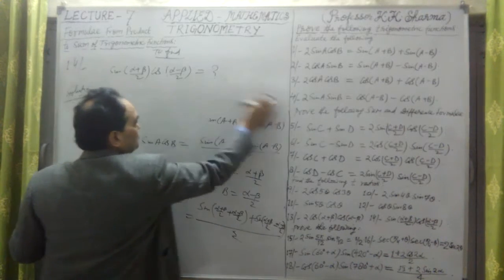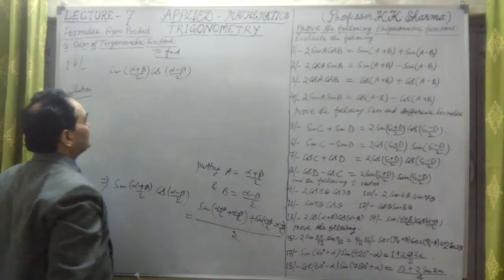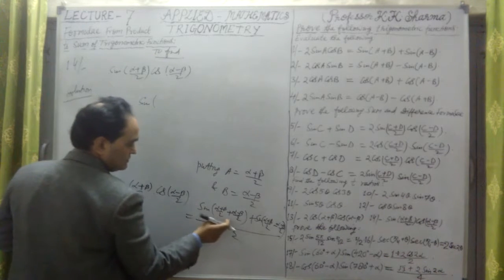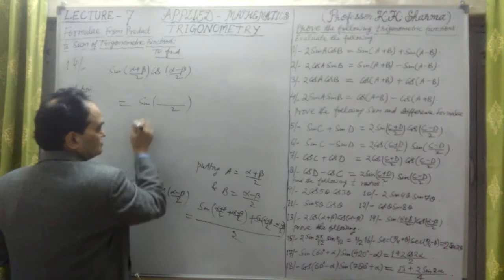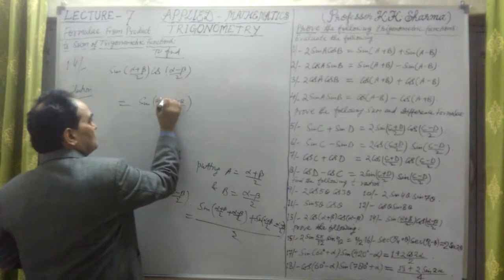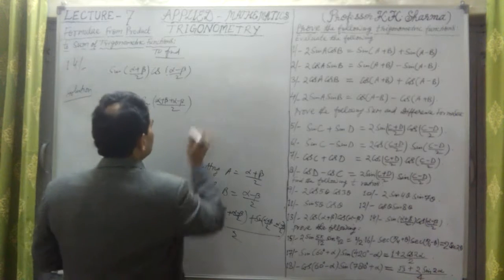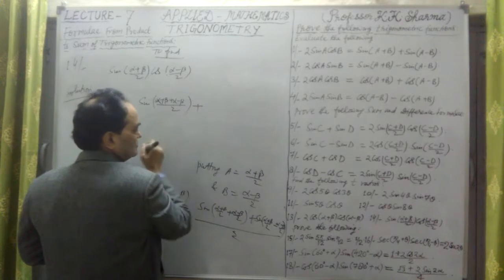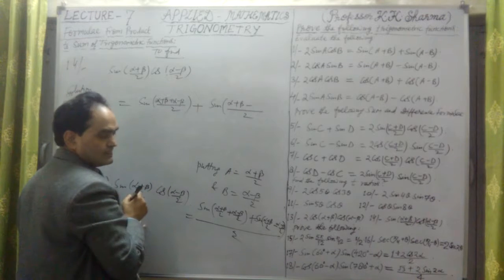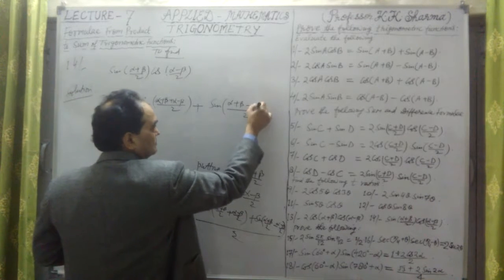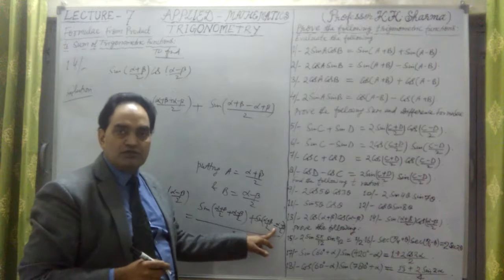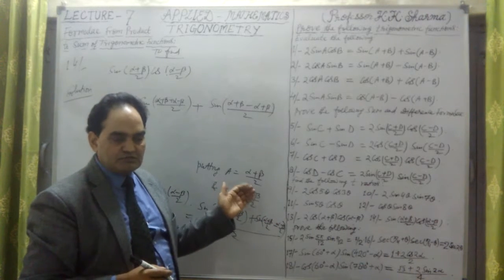So here the value will be, let me write here, this will be equal to sine of, if I take 2 as LCM, the first one will be alpha plus beta plus alpha minus beta upon 2, plus sine of alpha plus beta minus alpha minus beta. With the minus sign, if I open the bracket, positive will become negative, negative positive.